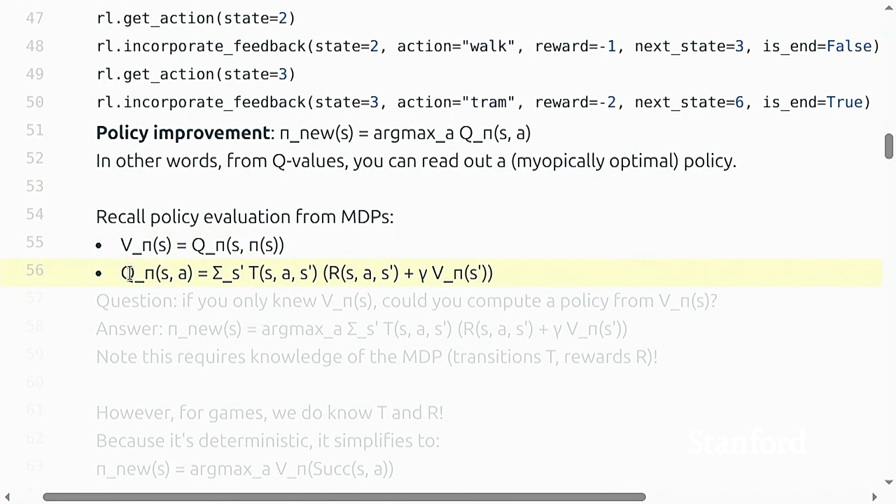And then separately, you can also define a recurrence for Q pi of S, A, and that just corresponds to summing over all possible successor states when you take action A, weighting by the probability of that transition, and then the immediate reward plus an estimate of the future.